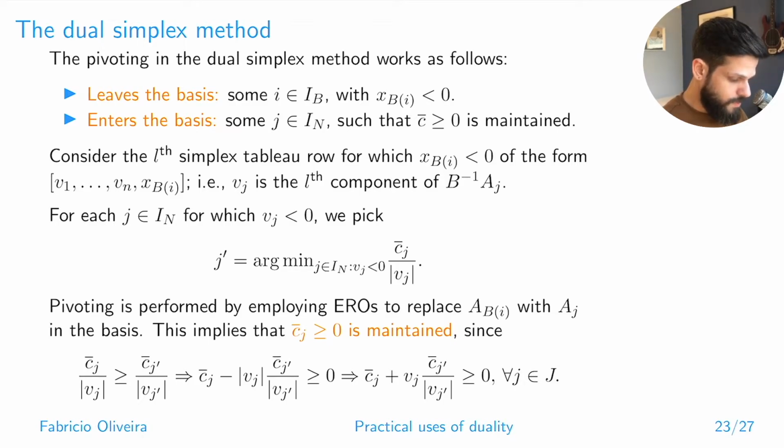And what we're going to do is, of all the components of the row, with the exception of the rightmost element, I will look for those that are negative. And among those that are negative, I'm going to pick the one that shows me the smallest ratio between the reduced cost and that element.